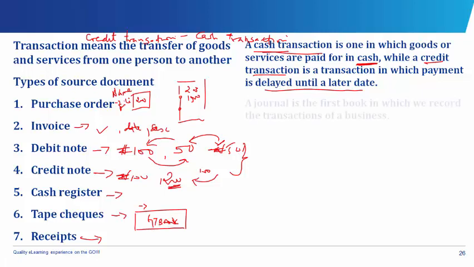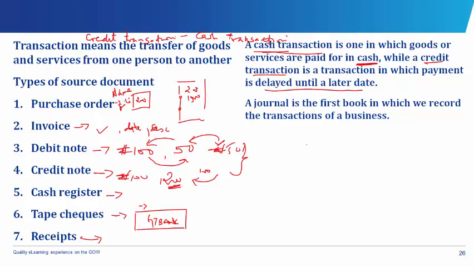Okay, the next thing we'll look at is a journal. So a journal is the first book in which we record the transactions of a business. Initially the entries are made on the source documents, then later they're transferred to journals. Now there are two types of journal.